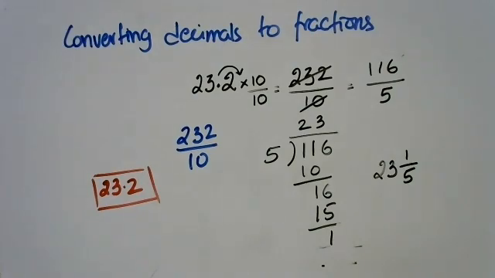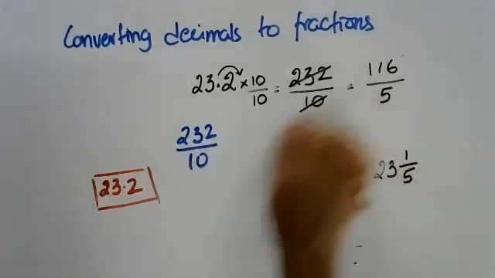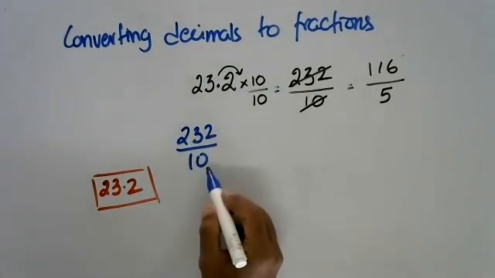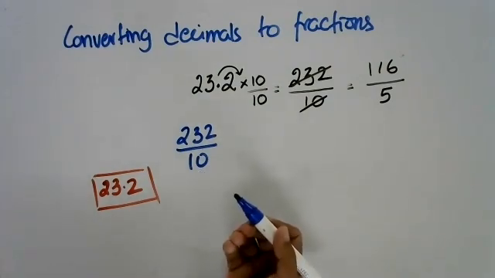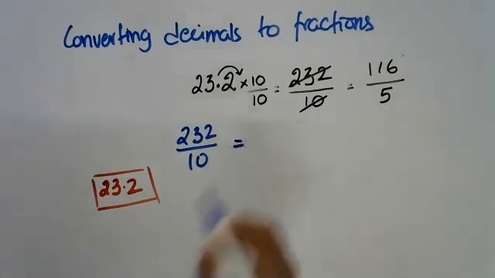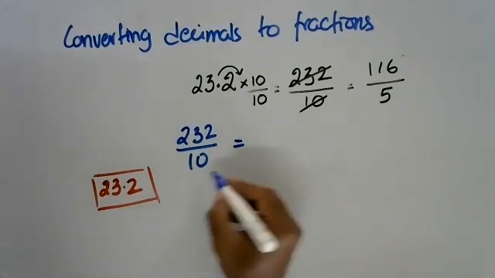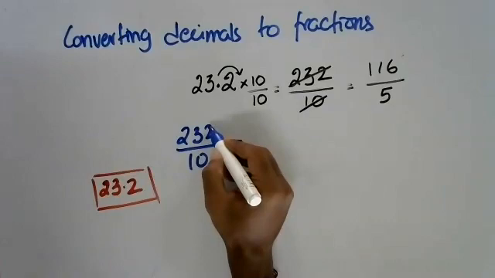Yes, so you have already converted the decimal into a fraction. The only point is that it's not in the simplest form that is possible. If you want to convert it into the simplest form, then you have to reduce it. So how do you reduce it? You can see that 232 and 10 both are divisible by 2. So you have to write the simplest equivalent fraction. Divide both by 2.